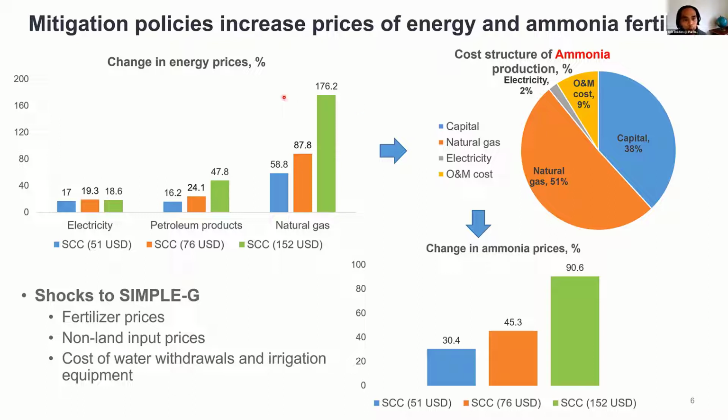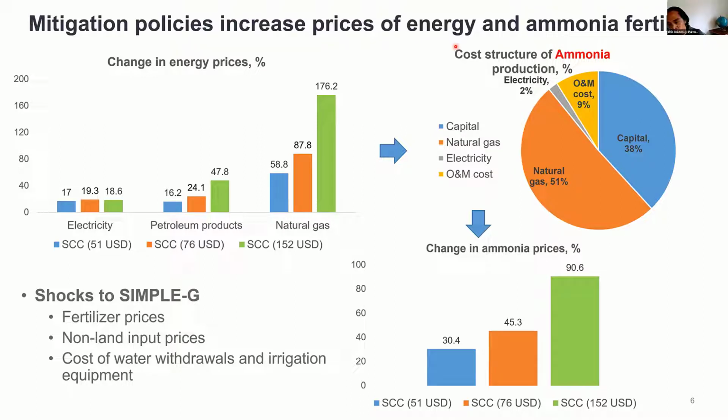Now, in order to pass this information to Simple G, we need to convert it into variables that Simple G uses. One variable is the nitrogen fertilizer cost. In order to generate those costs, we assume a cost share for nitrogen or ammonia production.